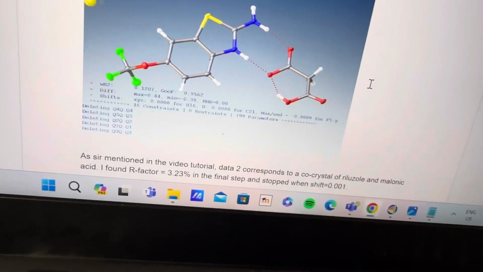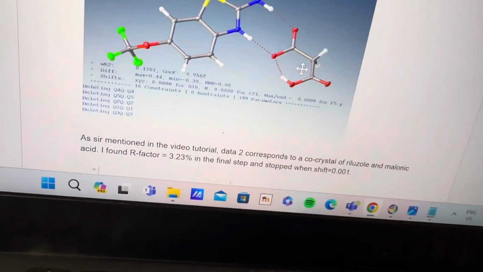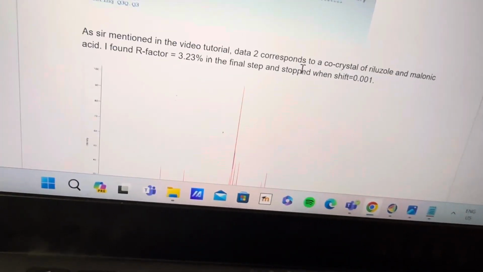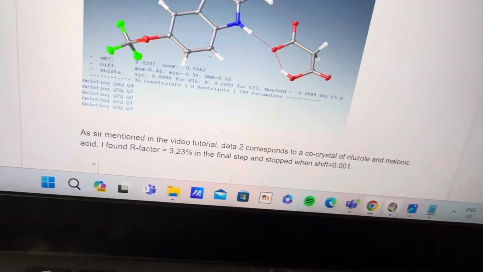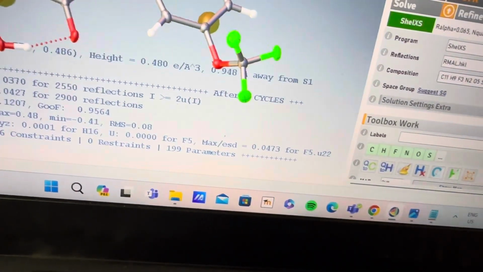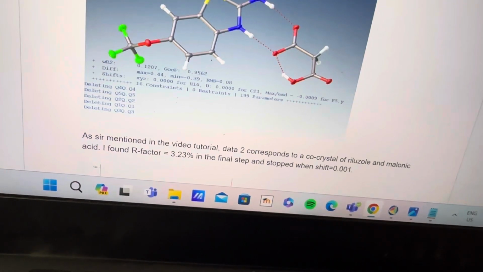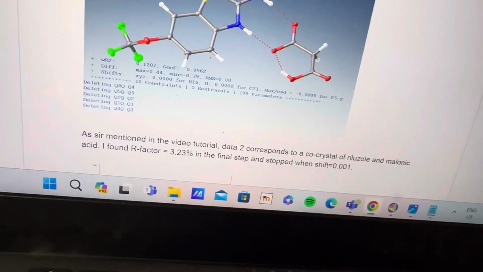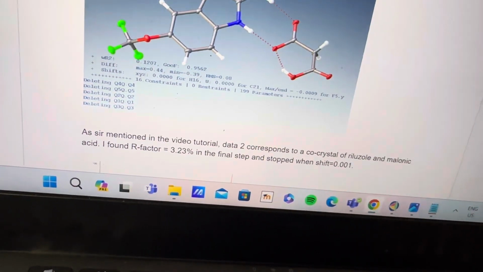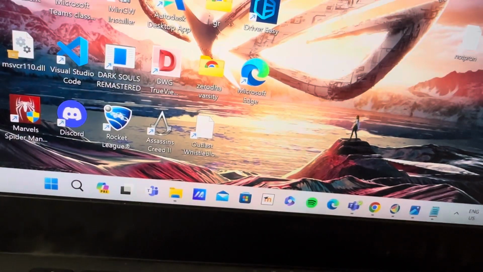Now after constructing this, I should open the Vesta software.